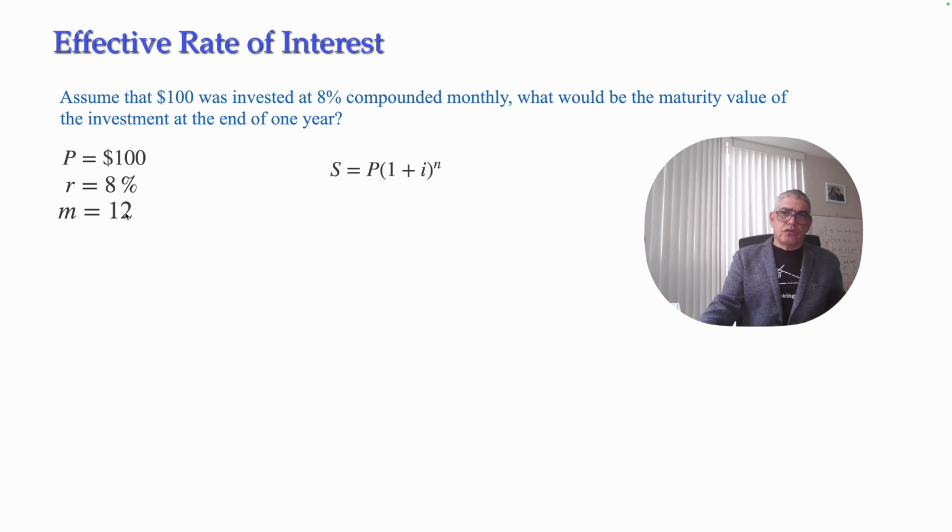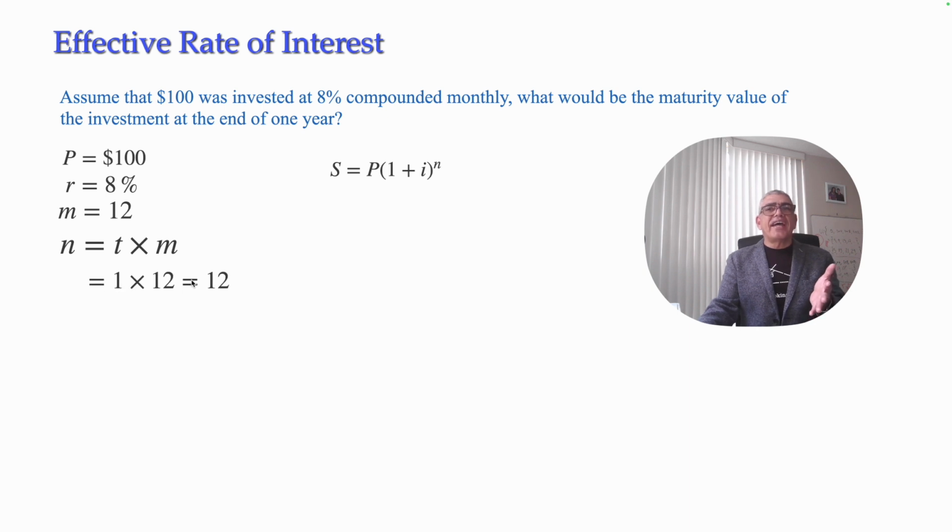So in this case, because it's compounded monthly, it will be 12. The number of compounded periods in total will be the number of years multiplied by m, how many times the money compounds per year. So because it's only 1 year, it will be 1 times 12. So n will be the same number as m in this case, where n will be 12.